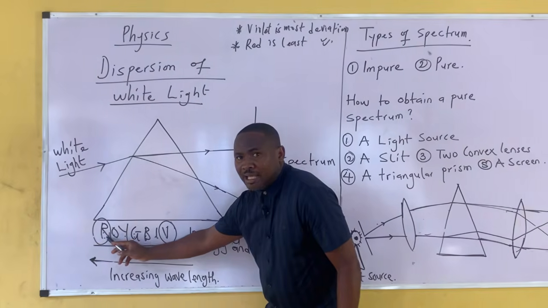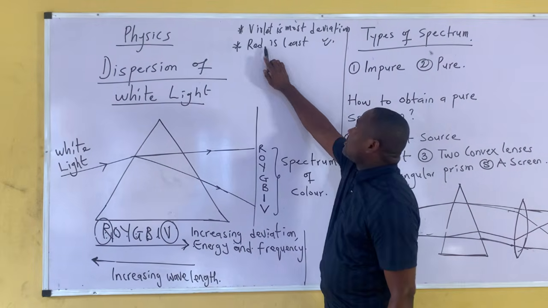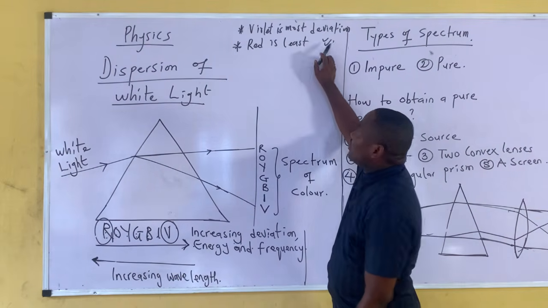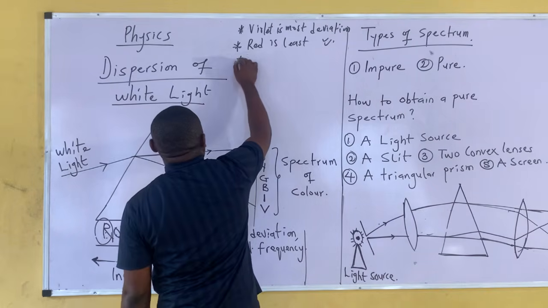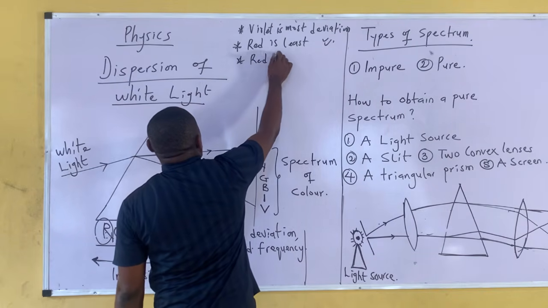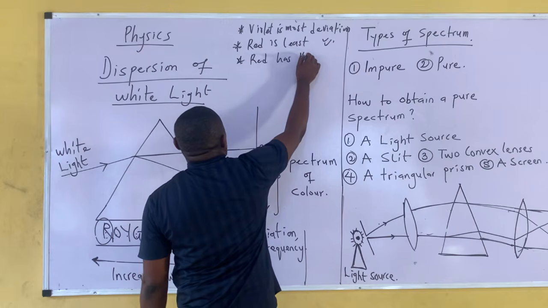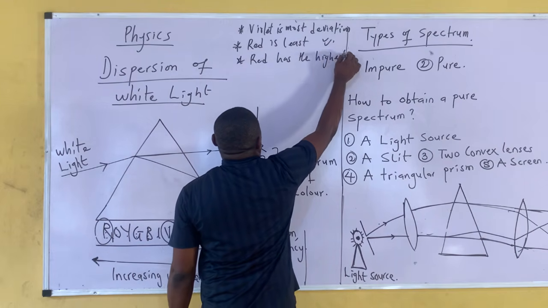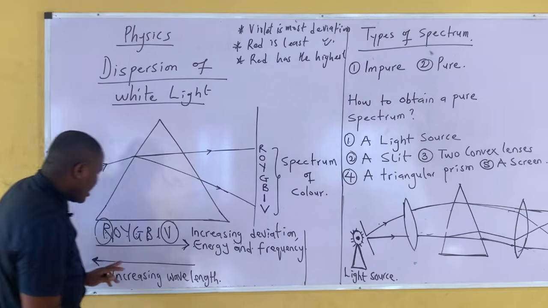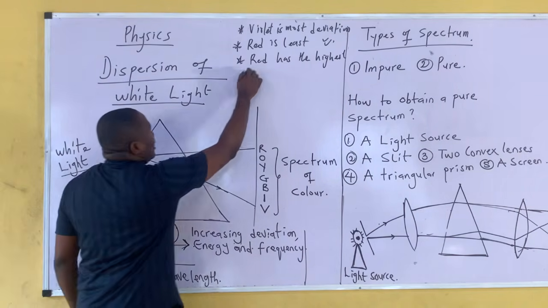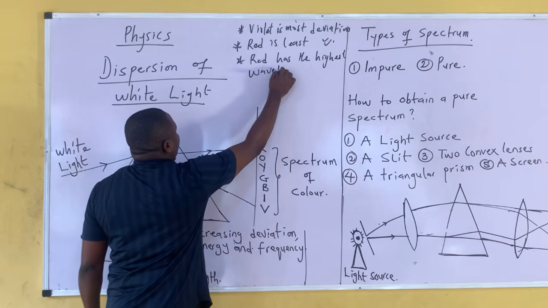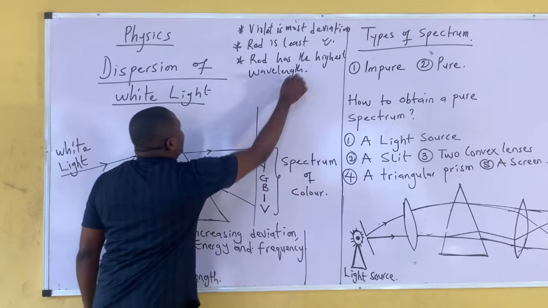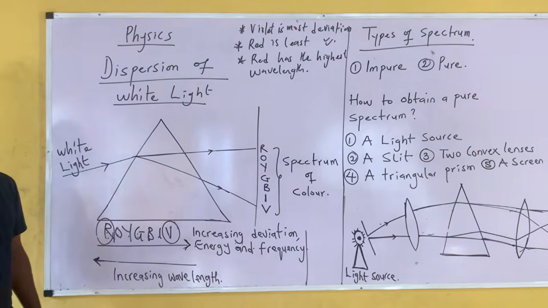So red, that has the least deviation, this same red has the highest wavelength. Now please, what would I have the least wavelength?